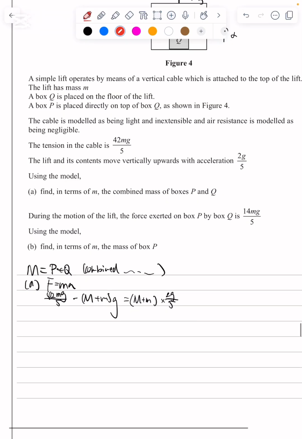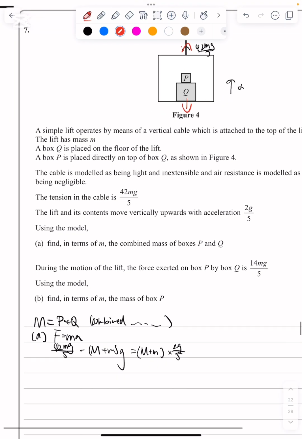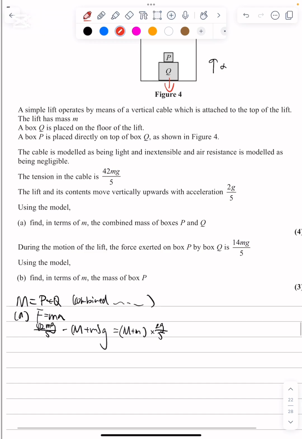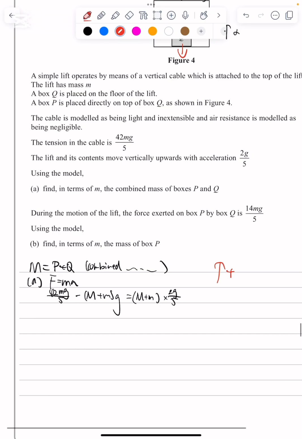Basically the only forces here would be the tension and the weight, and since it is moving upwards, let's call upwards the positive direction. Then F equals MA, where the mass is big M plus small m, and the acceleration is this, accelerating upwards, so it's positive.